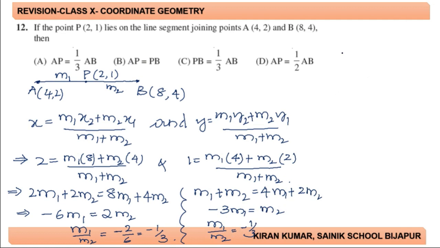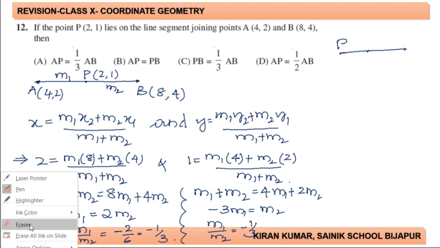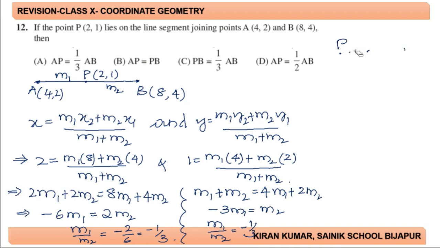So it is something like this. The point is making the ratio 1:2 like this. Point P is outside. Let me erase this part. Right.